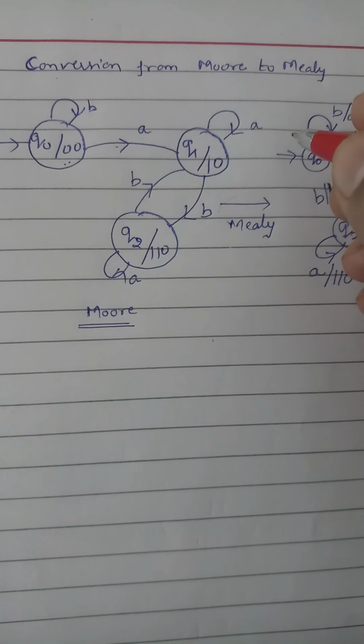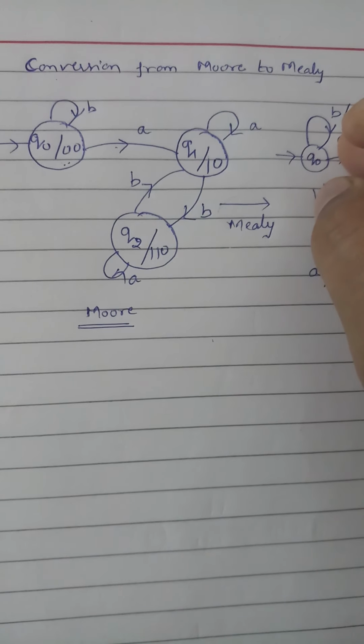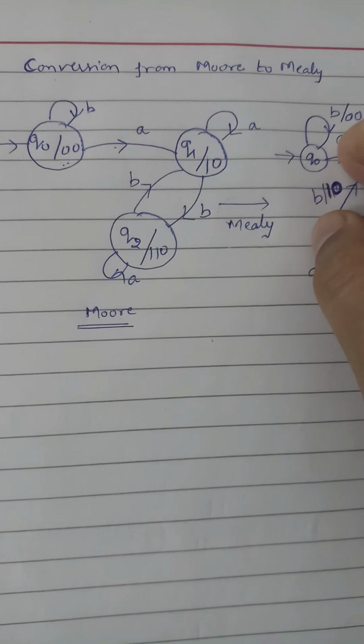Initially we start with the initial state Q0, and we make a self loop of B on Q0 with 00 output. Now we make another state Q1 with an A transition from Q0 to Q1 with 10 output. Why 10 output?